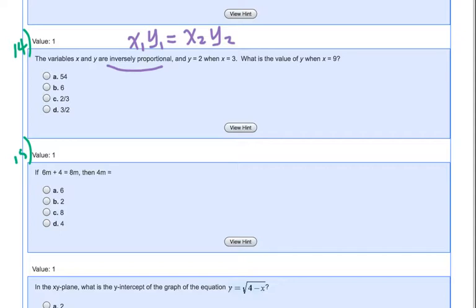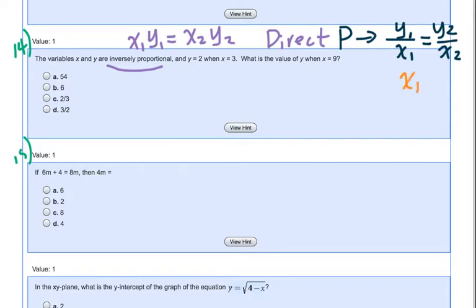We have another concept called direct proportional. Direct proportional means y1 over x1 equals y2 over x2. Or you can write that x1 over y1 equals x2 over y2.